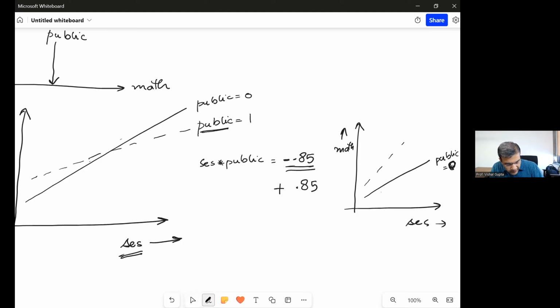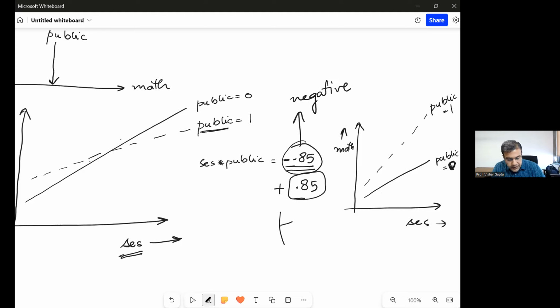You should have expected that if public takes value 1, then the slope should be positive, but that is not the case. The case in our situation is negative. So this is called negative moderation. This is called positive, right?